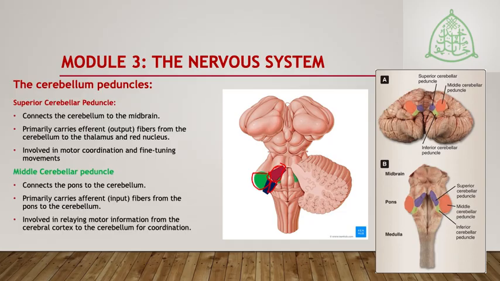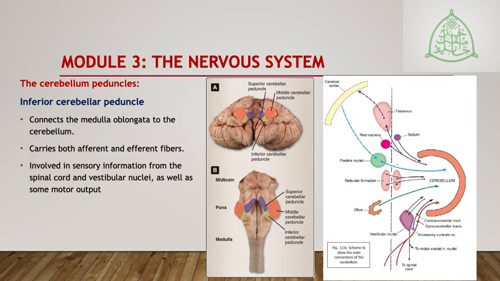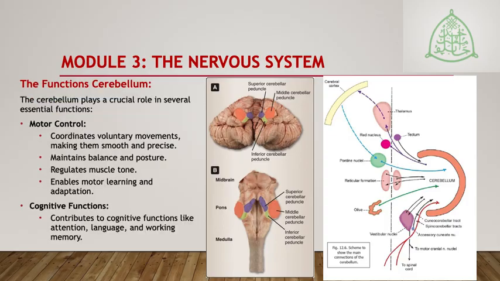So these are the colors representing that. The green is the middle cerebellar peduncle, the red is indicating the superior cerebellar peduncle, while the blue is the inferior cerebellar peduncle, which connects the cerebellum to the medulla oblongata. Like I said, it carries information in and out of the cerebellum.